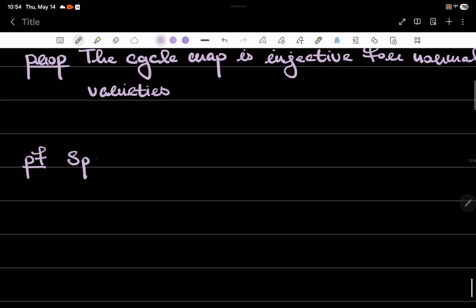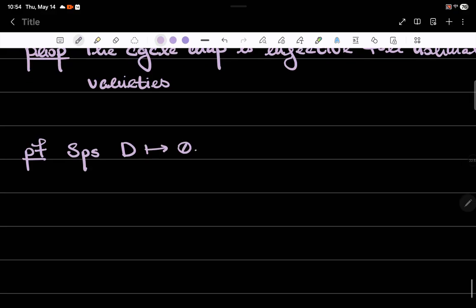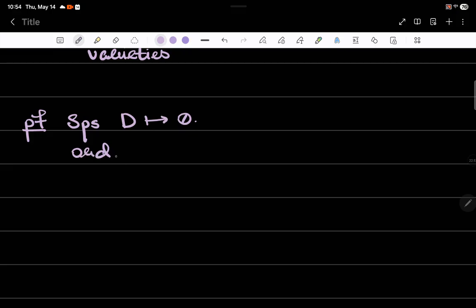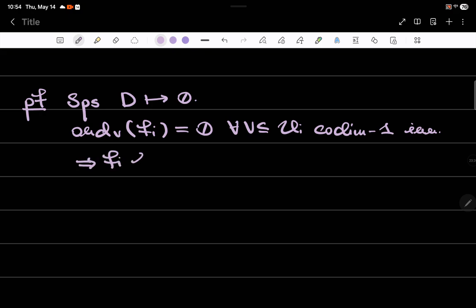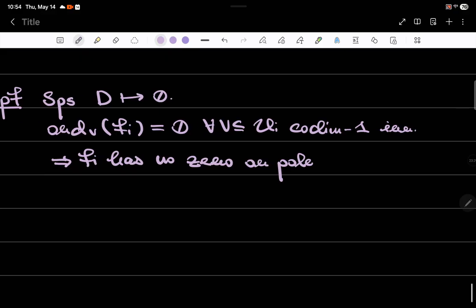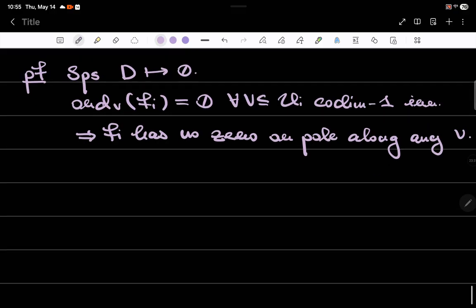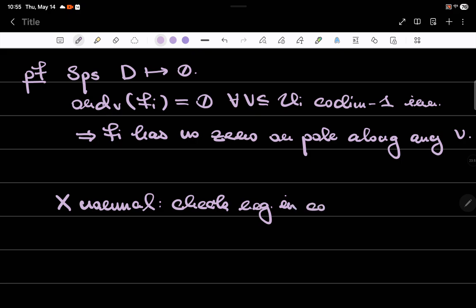First, suppose D maps to 0, then that is to say that ord_V f_i equals 0 for all codimension 1 irreducible subvarieties V in U_i. So f_i has no zero or pole along any V. And so because X is normal, we can check regularity in codimension 1.